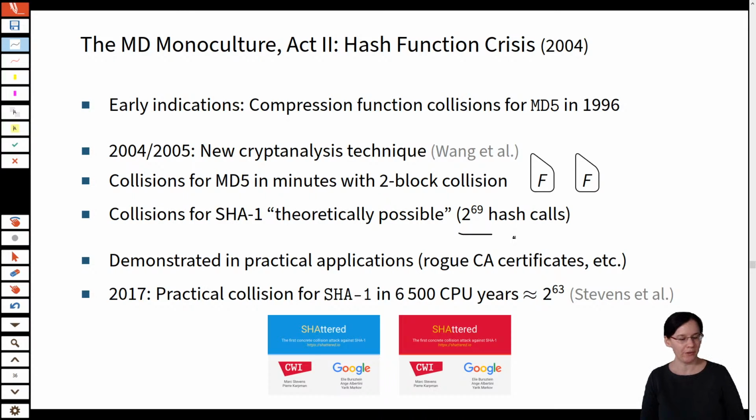It took another 12 years or so until finally in 2017, this was actually demonstrated in practice for SHA-1. This feat was a bit cheaper in the end than originally expected because there had been some more advances in cryptanalysis. So the final complexity was 2^63, which is still a lot. It corresponds to about 6,500 CPU years, which were of course conducted in parallel.